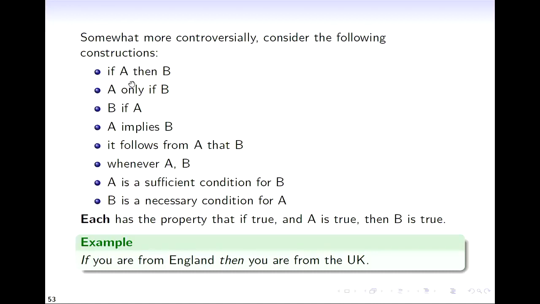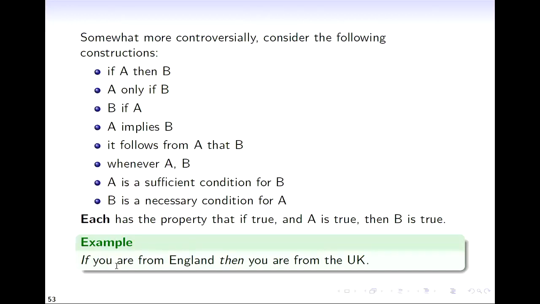So if we assume that any of these statements is true, for example, B is a necessary condition for A, then it means that when A is true, B must be true. Why? Because it is a necessary condition. We can't have A without B. In other words, whenever A, then also B. And whenever A, then B is the same as A implies B.